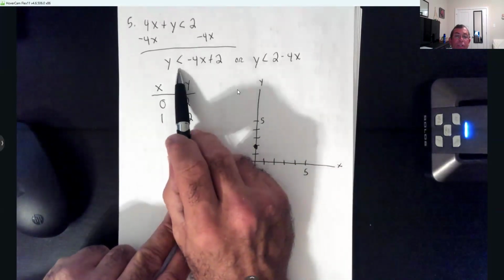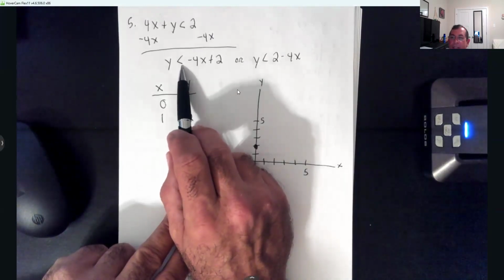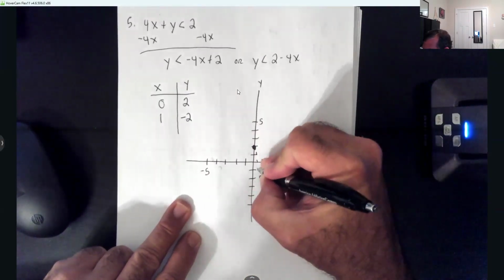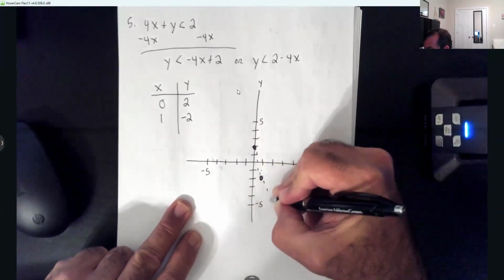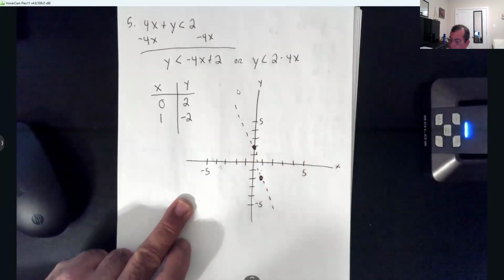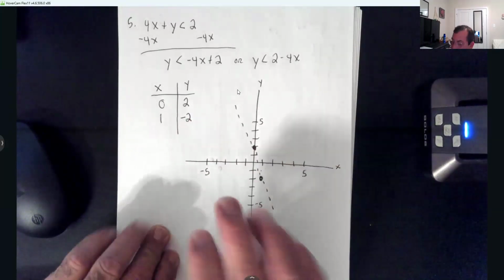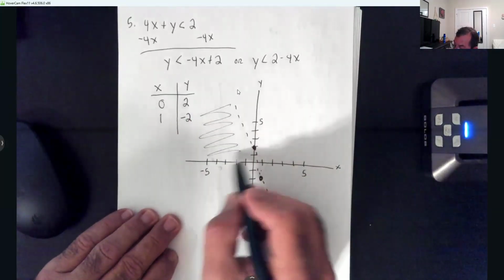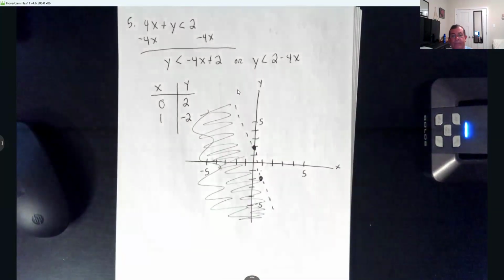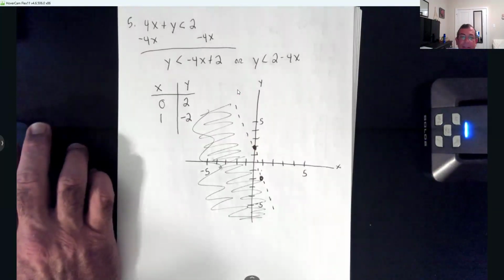All right, there's no equals under this. So since it's just less than, this will be a dashed line. It's less than, so it's going to shade below the line. So y'all, we're looking for a dashed line, shade on the left side.